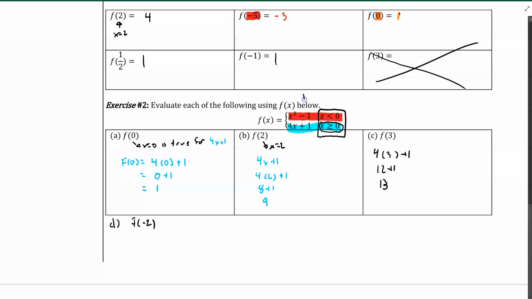You can think of this, the rule, as being what the value is, or what rule to use, and this set as when to use it. Okay, so this will be equal to negative 2 squared minus 1, which is equal to 4 minus 1, which is equal to 3. And that's it for part 4.